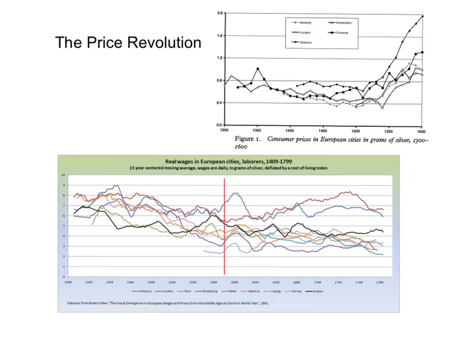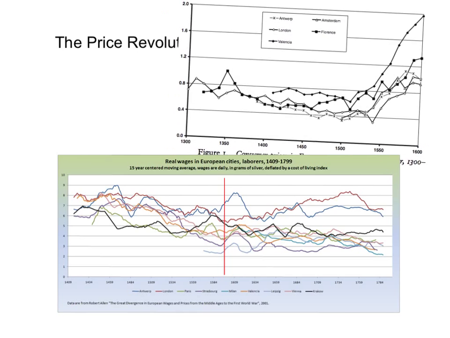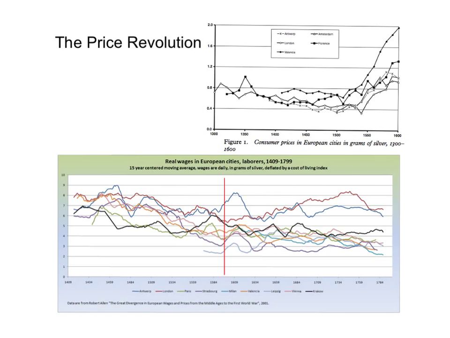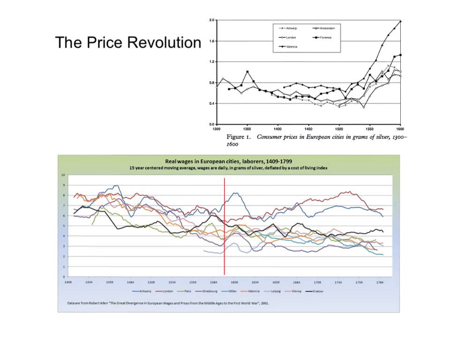Second reason is something that's often referred to as the price revolution. This is a very slow inflation that takes place over the years. If you can see in this top graph, what this is showing is from 1300 to 1600 the consumer prices in European cities, and you can see in the 1500s going towards the 1600s a gradual rise in prices during this time.